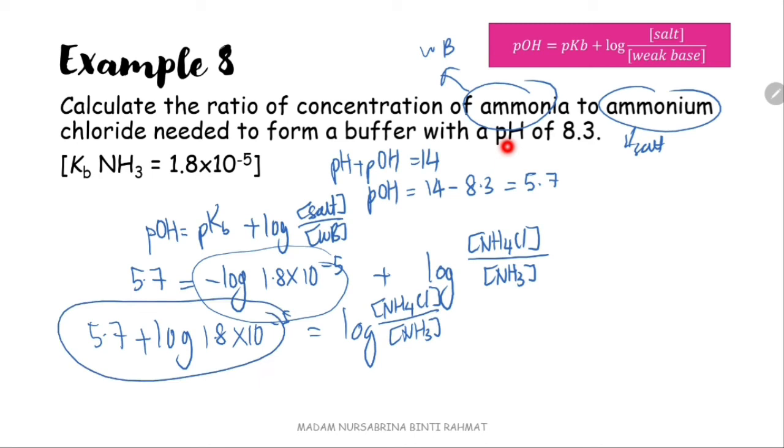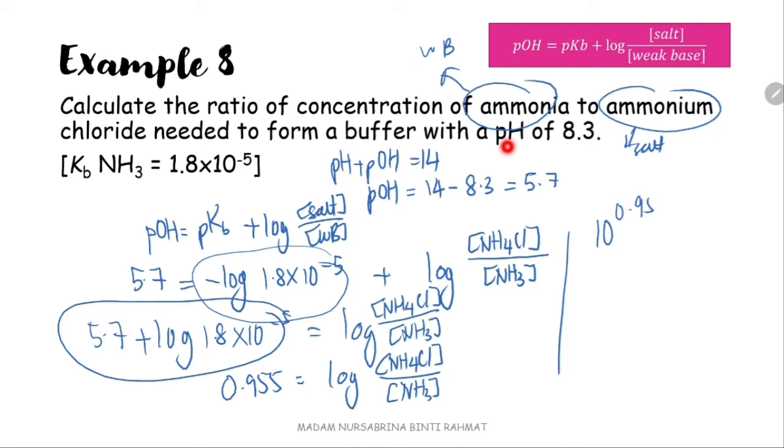So now 0.955 equals log of the concentration of my salt over the concentration of my weak base. Okay, so to cancel out the log, we simply take 10 to the power of 0.955 equals NH4Cl concentration over NH3.